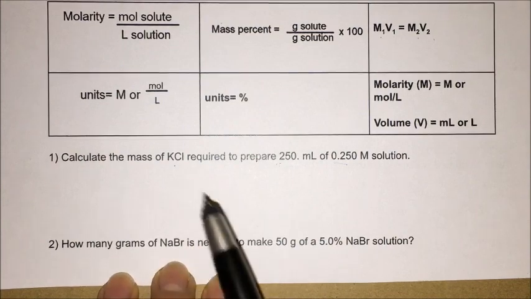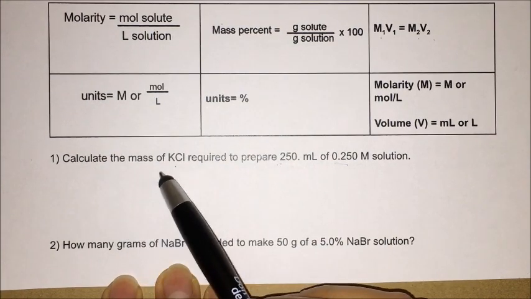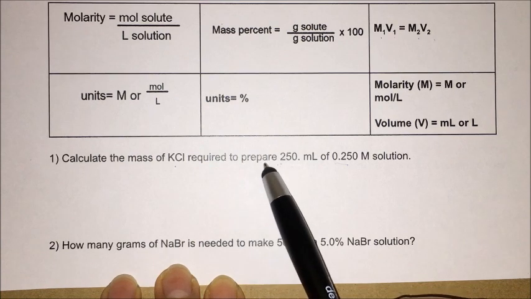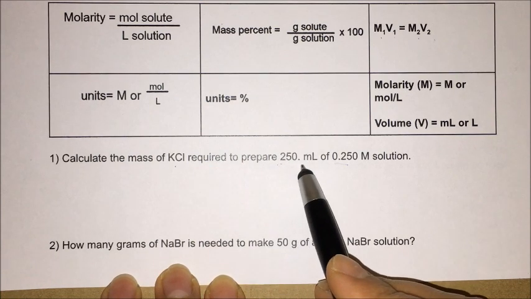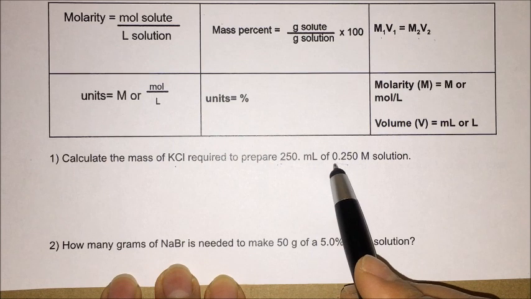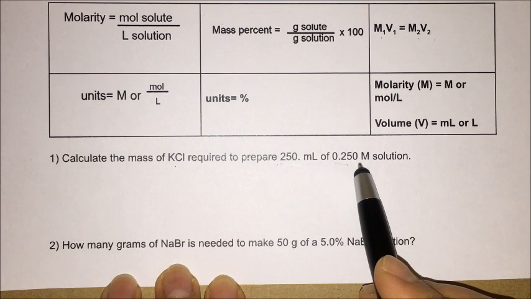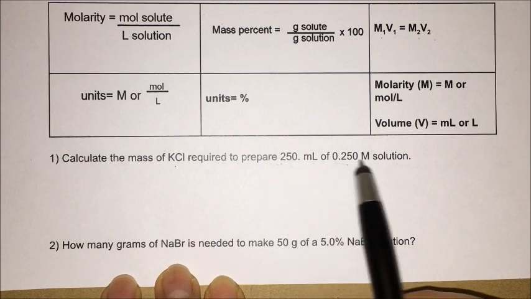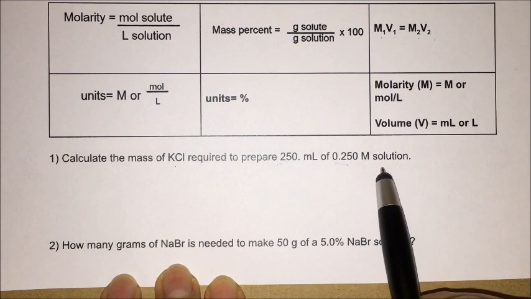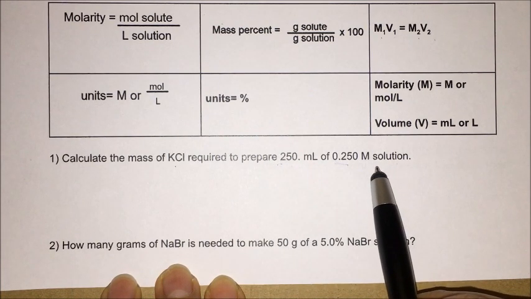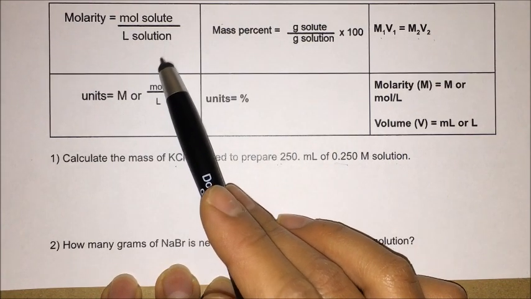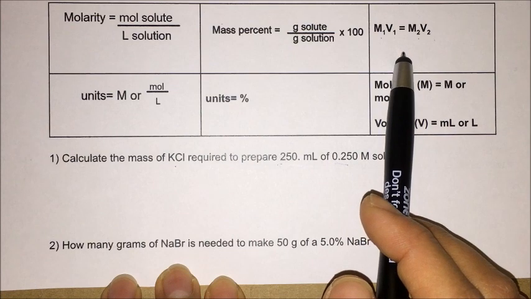For number 1, it says calculate the mass of KCl required to prepare 250 milliliters of 0.250 molar solution. Now, just by looking at the information provided, you'll know you have to use the molarity equation, not the dilution equation.